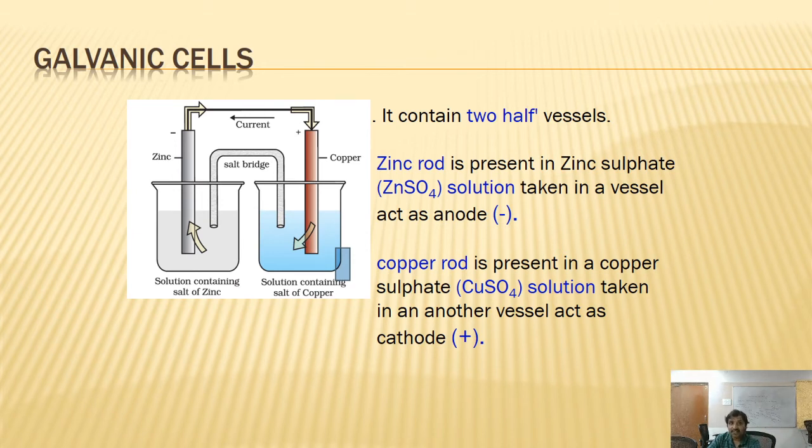Here in the galvanic cells, we have the reverse case. That is, the anode has a negative charge and the cathode has a positive charge.